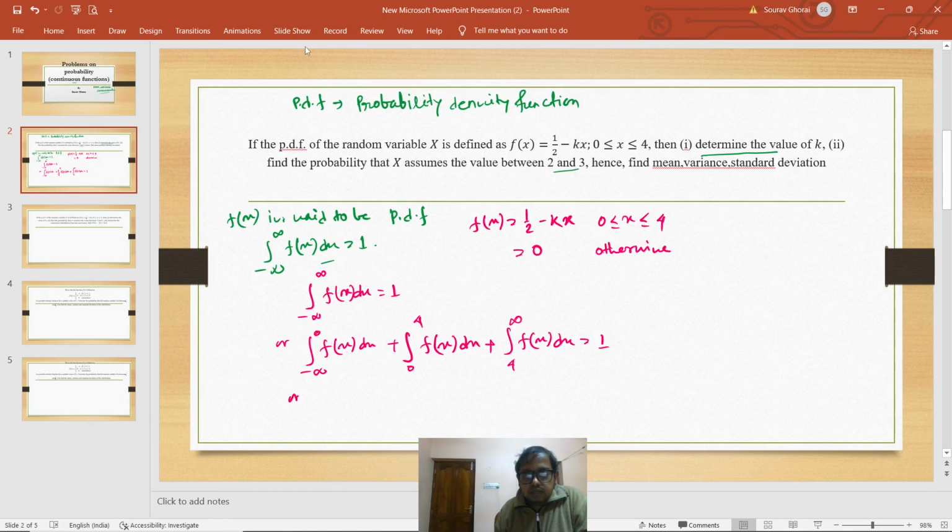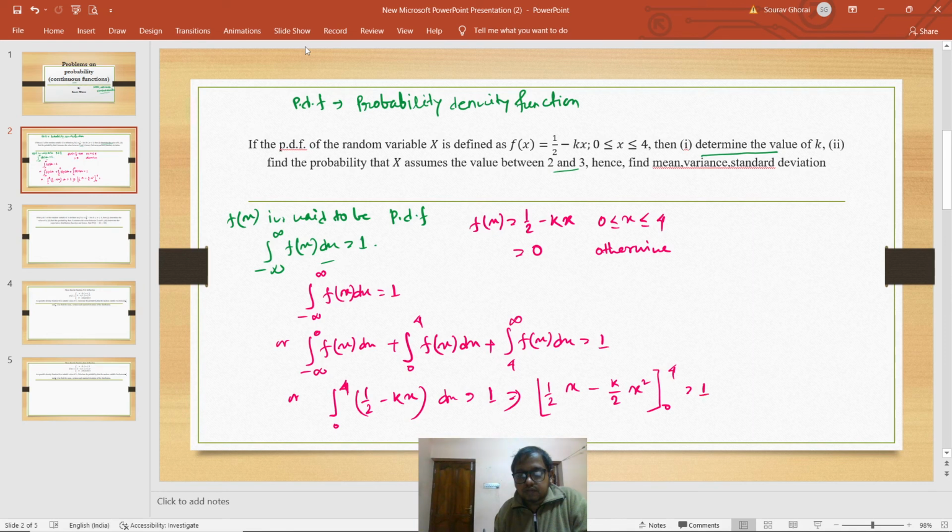So now from here we can easily calculate the value of k. The integral from 0 to 4 of half minus kx dx is equal to 1, and if we simplify, that is half x minus k by 2 x squared, from 0 to 4, is equal to 1. If we put in the upper limit, the lower limit is 0, so the negative portion will be deleted.